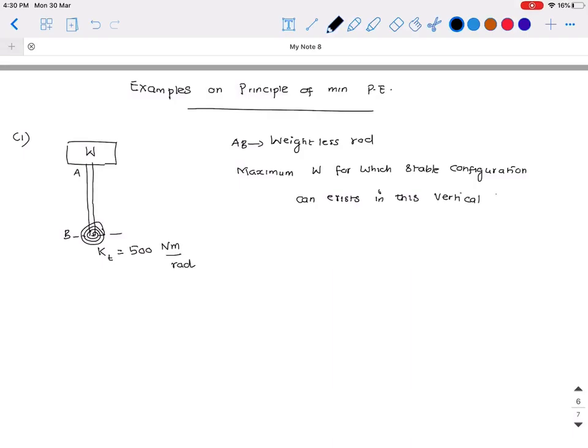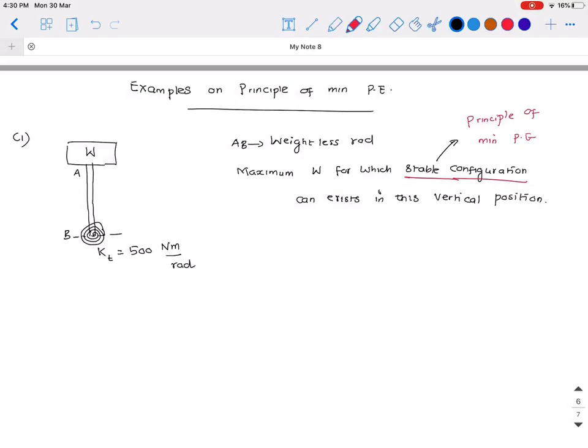The moment you see words like stable equilibrium or unstable equilibrium, you know that we have to use the principle of minimum potential energy.